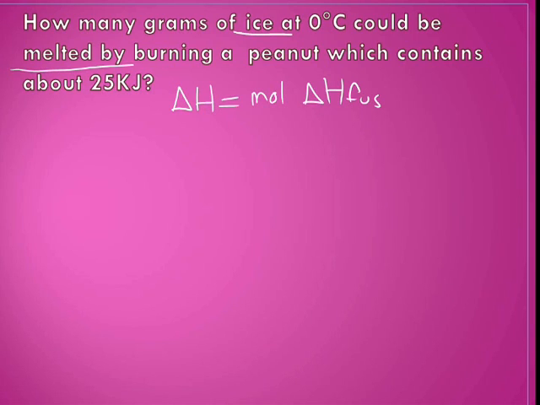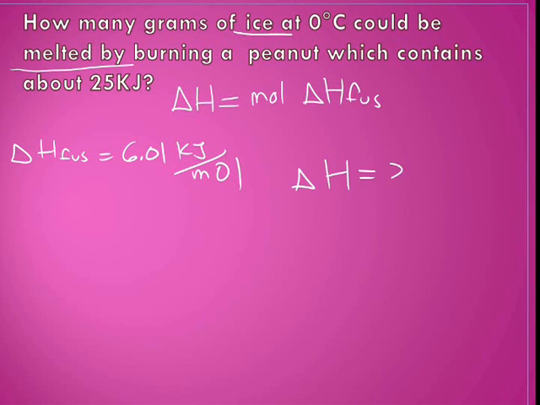Whereas in the last example, we had heat of solidification, but we just needed to change the sign. So we know delta H fusion of water is 6.01 kilojoules per mole. Now what was given to us, delta H, 25 kilojoules.